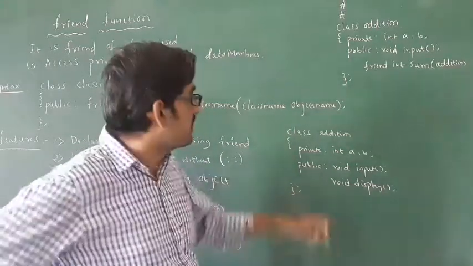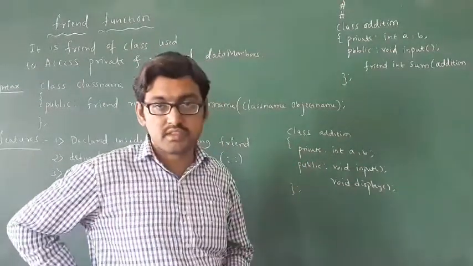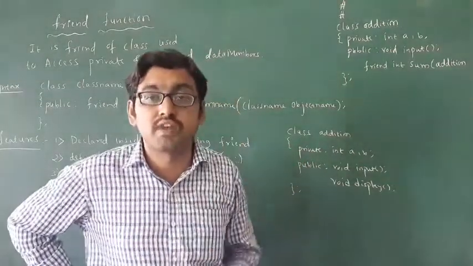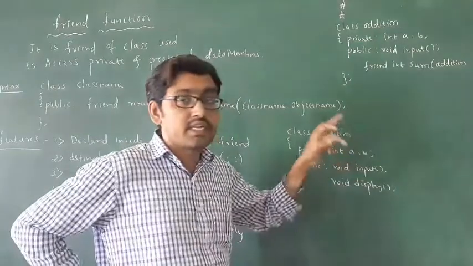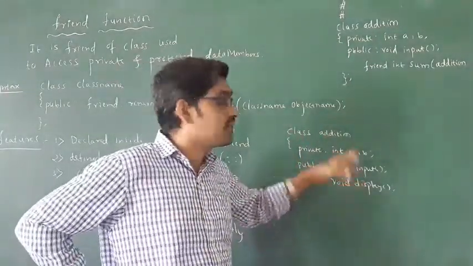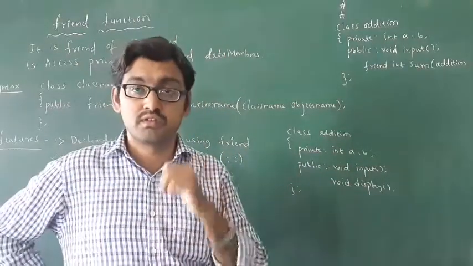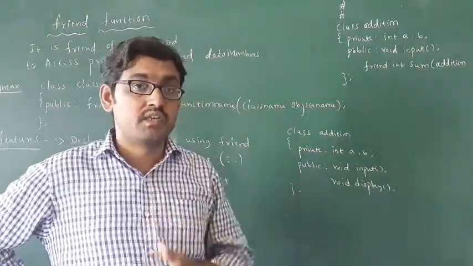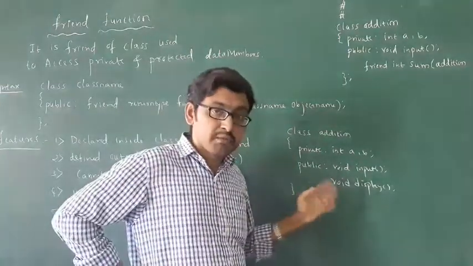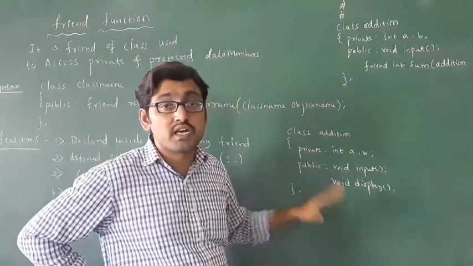Here addition is the class name. Private and public are the access specifiers. In private you always write data members, and in public you always write member functions. You already know this. Then, how do we write this input function outside the class?